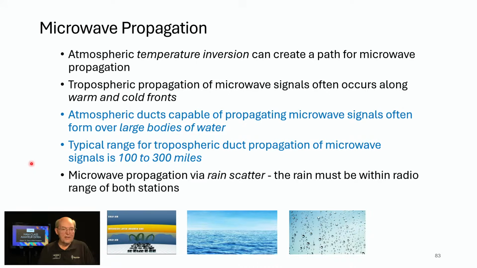Probably talk from Texas to Florida over the Gulf of America, for example. Microwave propagation via rain scatter: the rain must be within the radio range of both stations. Of course, the wavelength of microwave signals is very short, so raindrops can actually be big enough to refract or reflect signals. Weird stuff here.